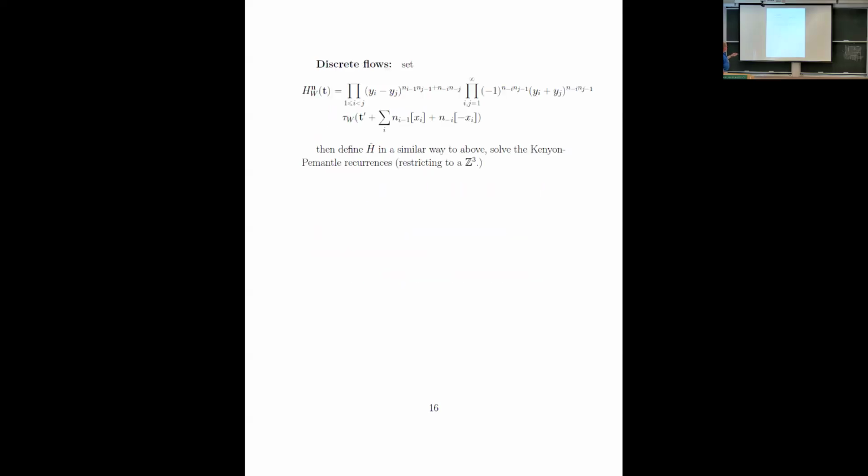You can define these discrete functions that are derived from this tau function, and then define the h's in the same way. And you solve the Kenyan P-mantle recurrences when you're restricting to a z cube.